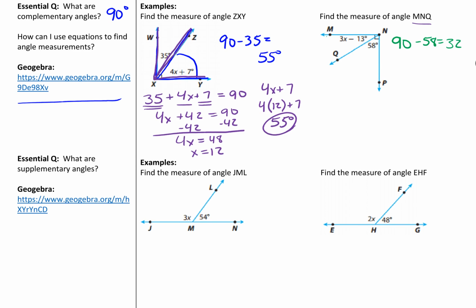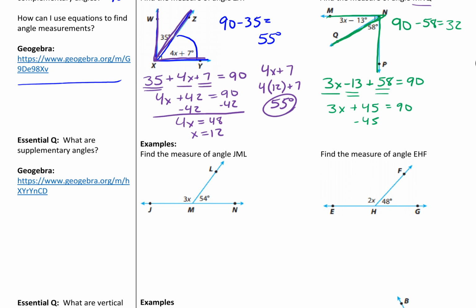I can add angle MQ, which is 3x minus 13, and angle QP, which is 58. And I know that those two angles added together equal 90. So I'll go ahead and combine my like terms. That gives me 3x plus 45 equals 90.